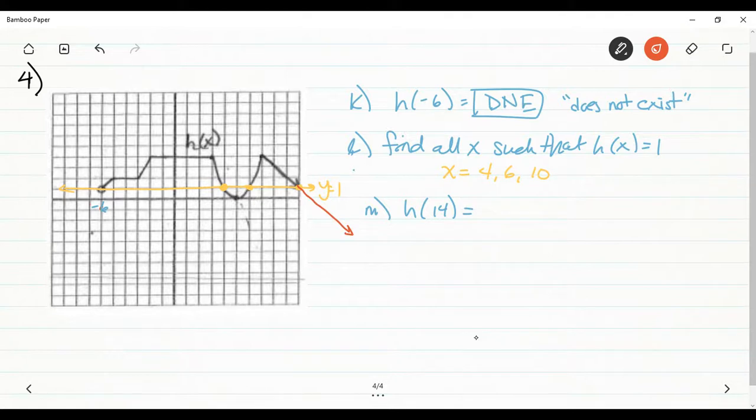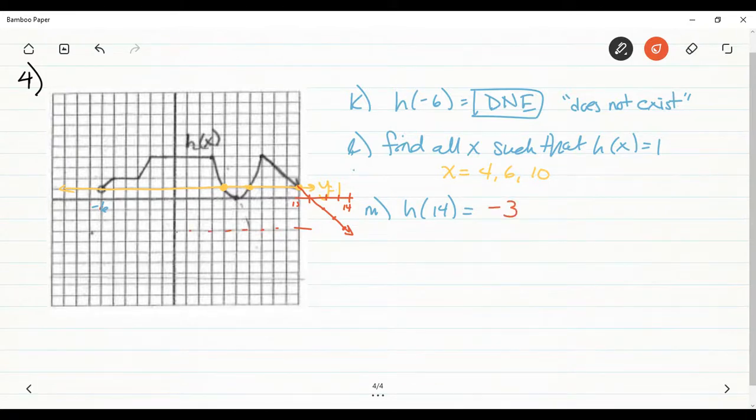This is a slope of 1. This value is 10. So we have 11, 12, 13, 14. So at 11, we're here at 0. So 12 is going to be negative 1. 13 is negative 2. So 14 is going to be here at negative 3.